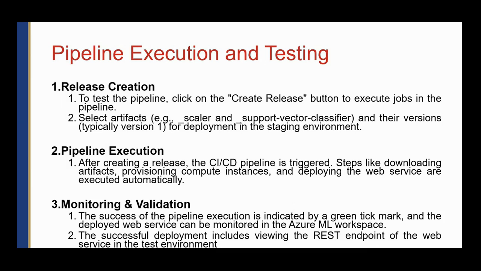Once the pipelines are triggered, artifacts are downloaded and resources are provisioned, meaning what kind of resources and what kind of machine learning model they need. That should be done.